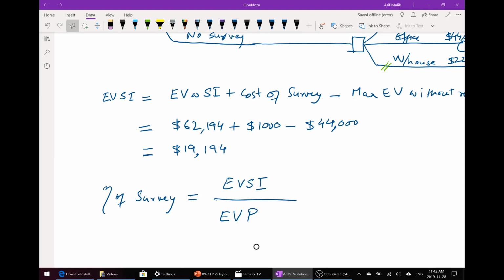So $19,194 divided by, and as I recall, expected value of perfect information was $28,000.